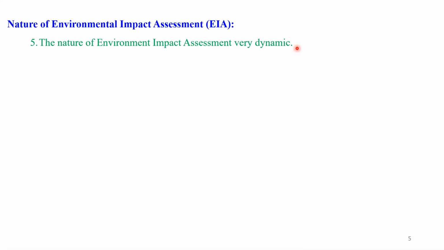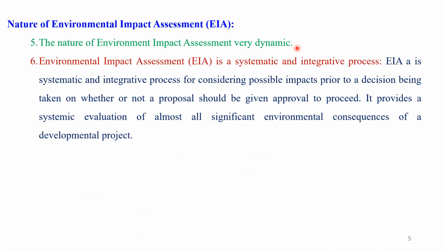The methods used during that time have totally changed. Now in each and every method we use software, various data, computers, remote sensing data and many other things. Therefore, the nature of environmental impact assessment changes from time to time, and it is known as a dynamic process.